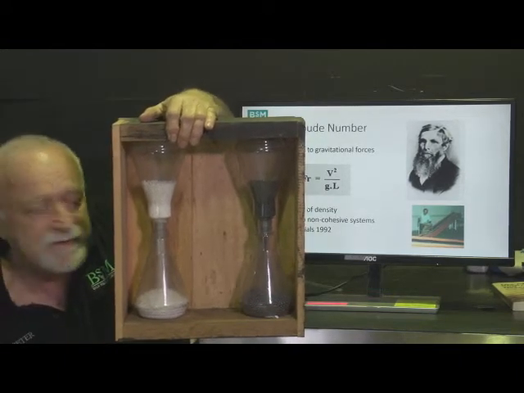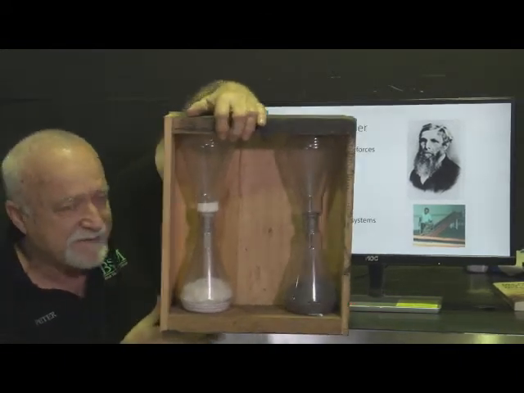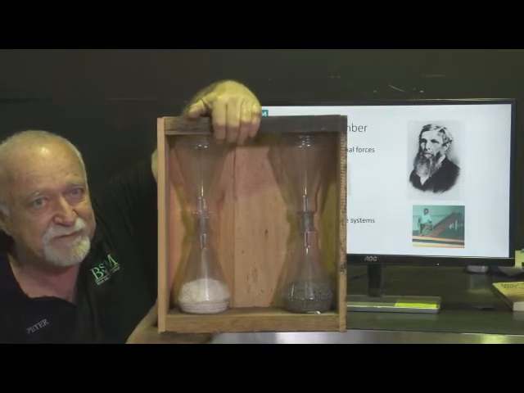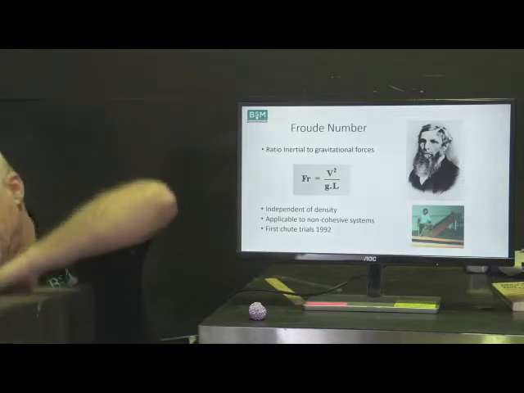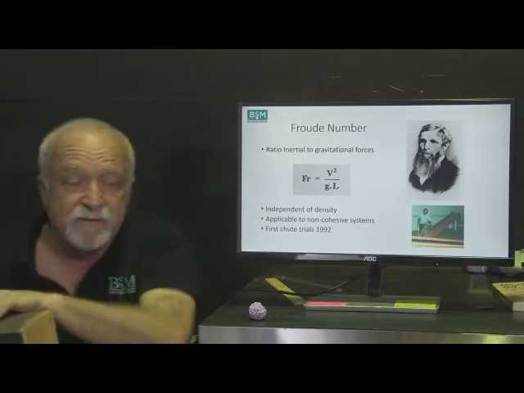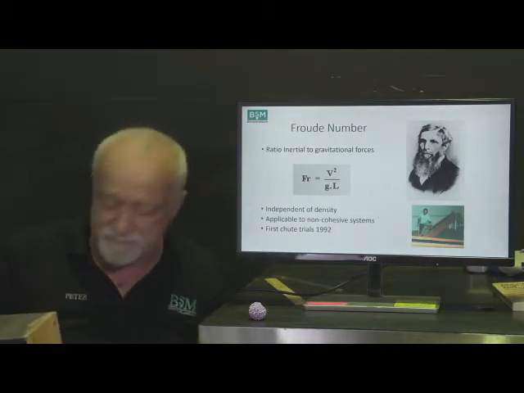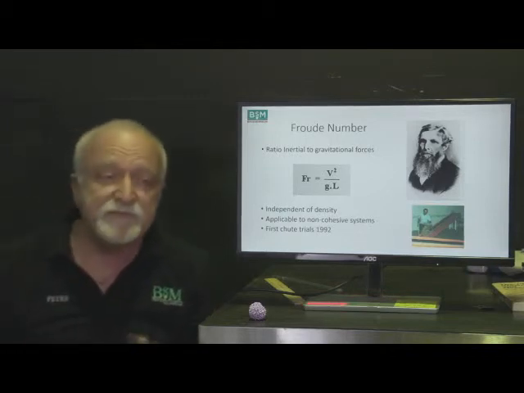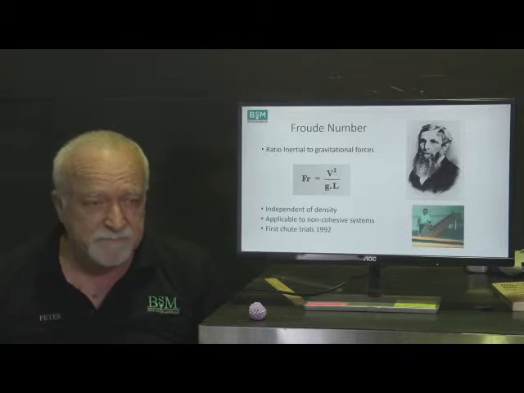You can see that even though there is a density difference of 10, there's very little difference in the flow. Almost exactly the same. So a density difference of 10 doesn't make any difference to the flow. That's the first point we need to understand.